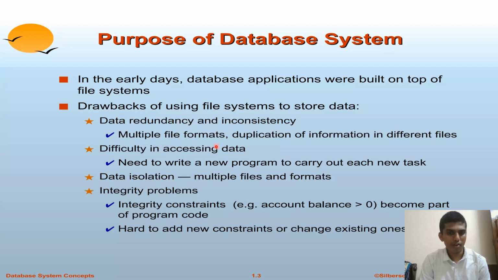Multiple file formats, duplication of information in different files, difficulty in accessing data. We should write a new program to carry out each new task. Data isolation, multiple files and formats. Integrity problems such as hard to add new constraints or change the existing ones.